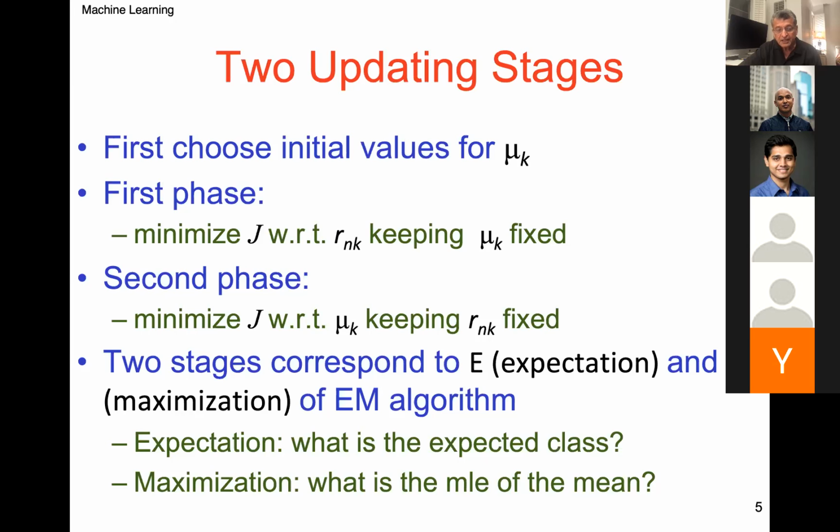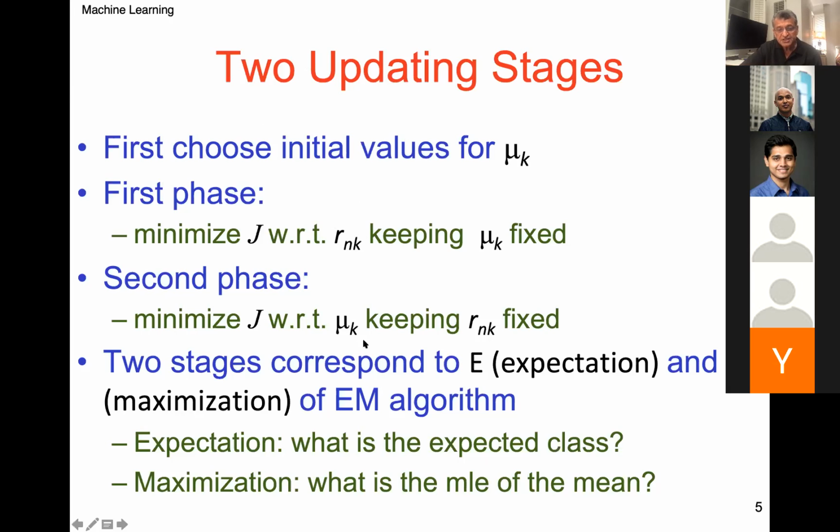And which value is going to minimize J. After that, you've got an assignment now. So basically what it's saying is pick those means and then see which one is the closest mean for each point, and you assign it to that particular class, 1, 2, or 3.